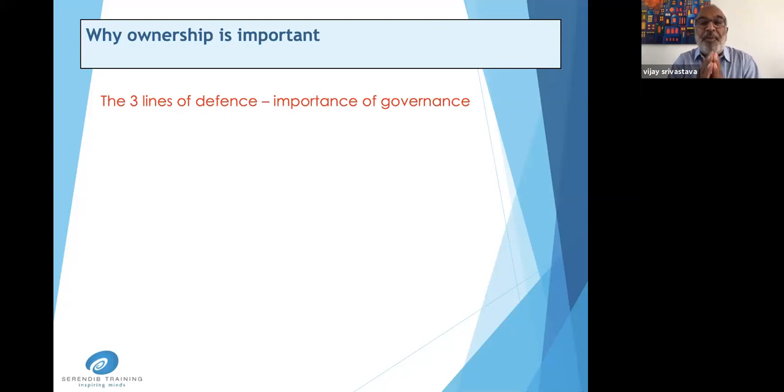If you take compliance, and Sahar, feel free to correct me later if it's inappropriate, there is one part of compliance sitting up front with the business, quickly getting all the data to see the KYC for a client, or checking things that fall out of a filter and seeing if anything needs to be escalated to the authority internally. But the second line is actually sitting and saying, how will we do this?